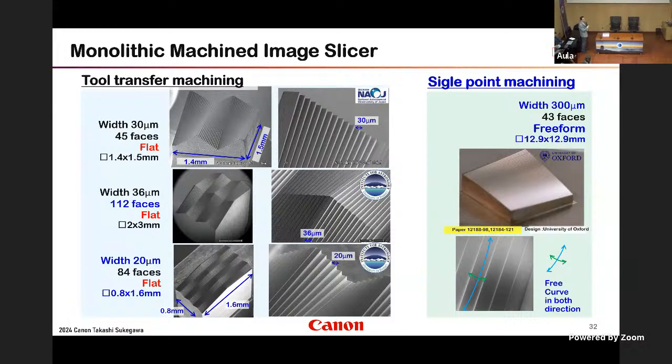This slicer number is 112. Also, some spectrographs required not so large a number, but much smaller widths. So we shipped 20 micron slicers, but the number is 84.